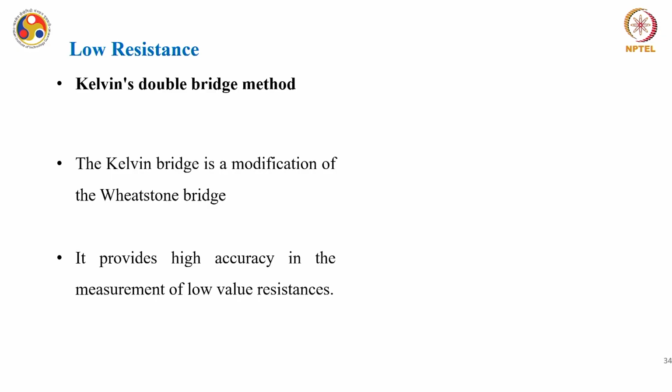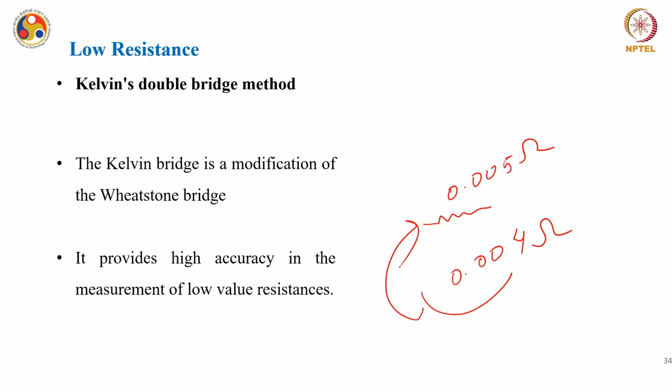Okay, so we have studied that this lead effect can be as high as 20%, 30% for resistances whose value is of the order of the lead resistance. For example, if the resistance under measurement is say 0.005 ohm, and the lead resistance is also of the same order, the effect of lead resistance in the measurement is very high, as compared to the medium resistance that we just studied.